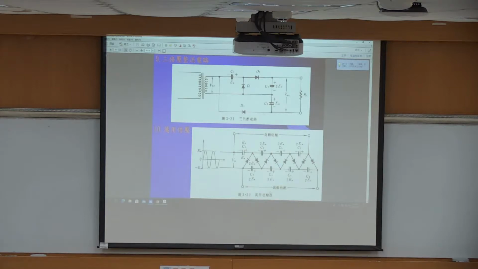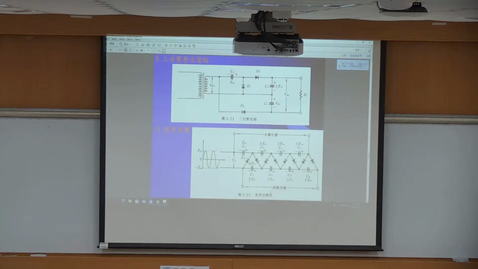The reason I say the voltage doubler has different types is that sometimes we have to change it into a 3 times voltage or several times the voltage. So we have to change the arrangement of the circuits, as we can see at the top of this page.